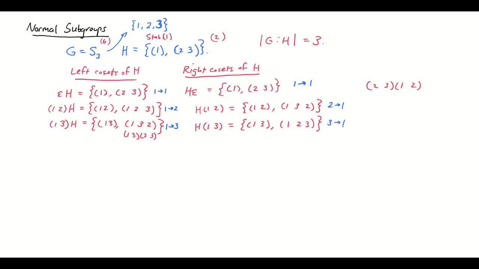So the right cosets of H partition, because H is a stabilizer of something, they partition S3 into sets, each of which sends the same thing to the number 1.